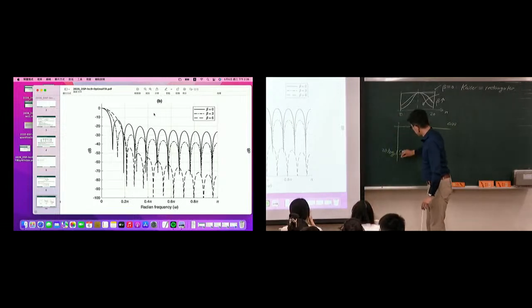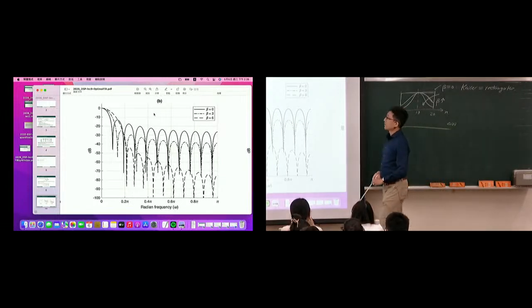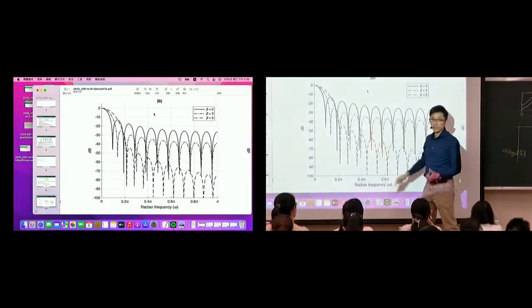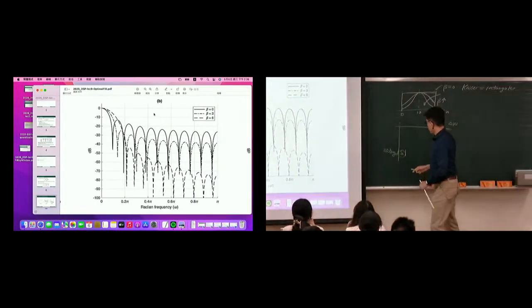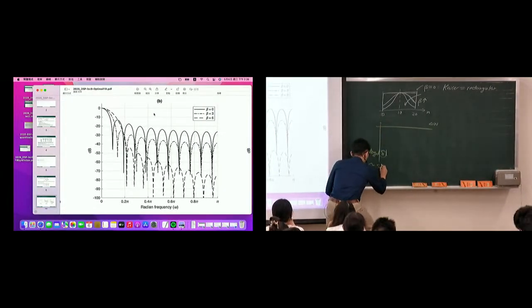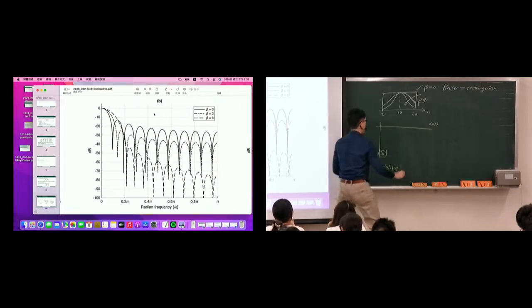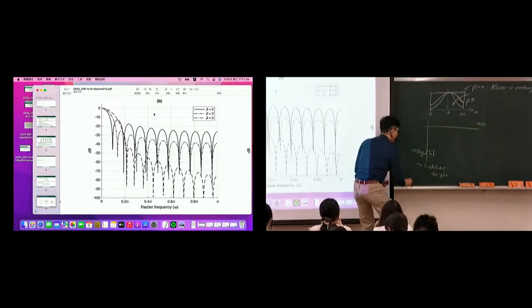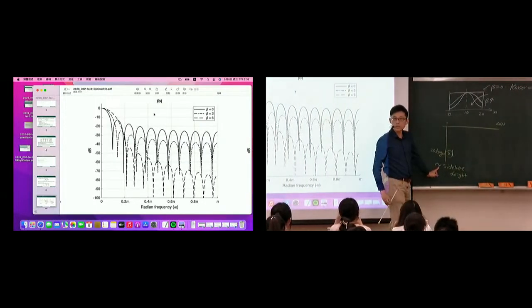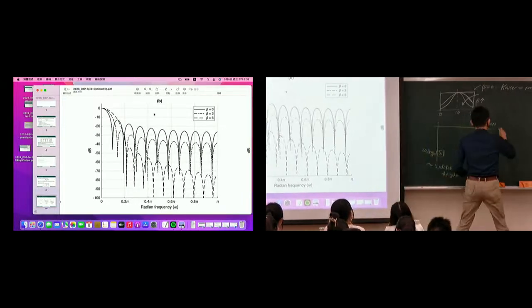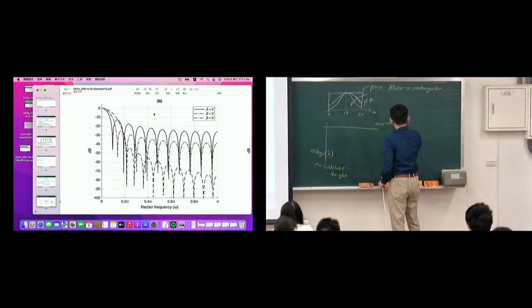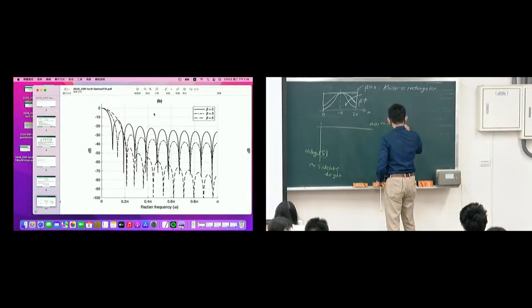Remember that delta correlates to the height of the side lobe. There is a high correlation. This is a sort of sloppy notation. Delta correlates to the side lobe height, whereas the transition width is affected by, or controlled by, the main lobe width.